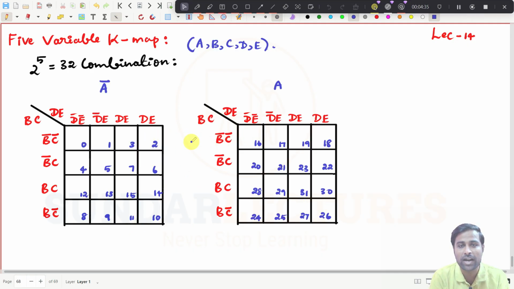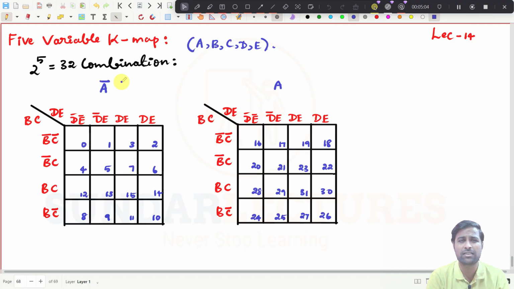No, 2 and 16 are not adjacent; don't make any mistakes. If there are any ones or zeros here, don't group 2 and 16. As well, 6 and 20 are not adjacent to each other. So 12, 13, 15, 14 and 28, 29, 31, 30 are adjacent to each other. This is how you need to understand things.